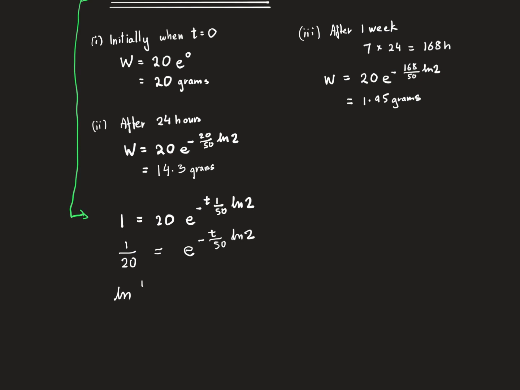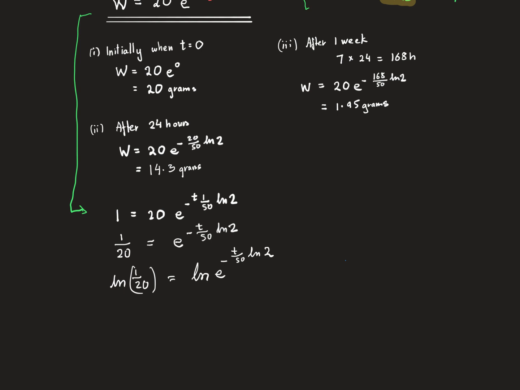So ln of 1 on 20, and this side is going to be ln e to the minus t over 50 ln 2. And remembering that law, ln e to the x is equal to x, we can rewrite this as ln 1 on 20 equals, this time just the exponent part of it, minus t over 50 ln2.